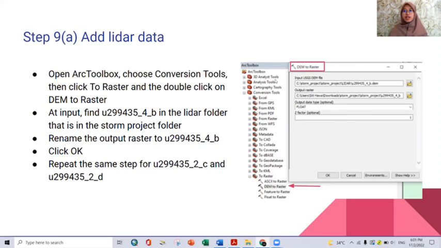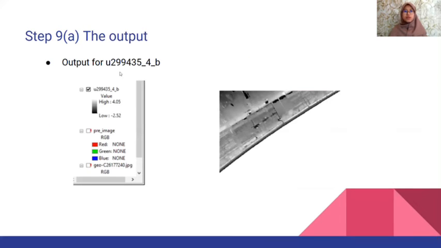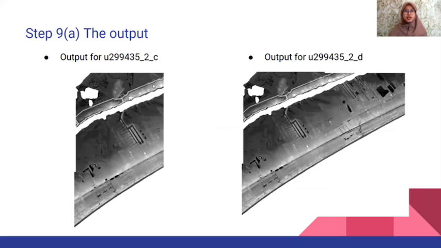After doing that, we can get the output for the three LiDAR data. Here is the first output, this is the second output, and this is the third output. The LiDAR data is in gray color.